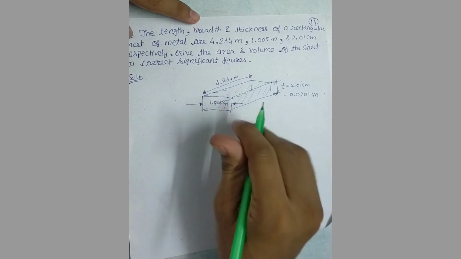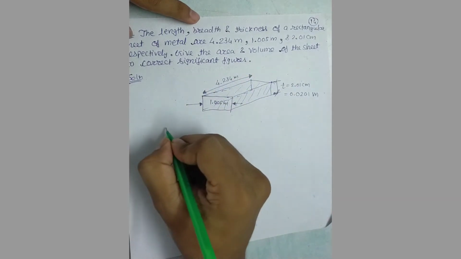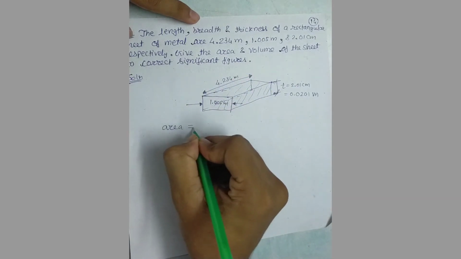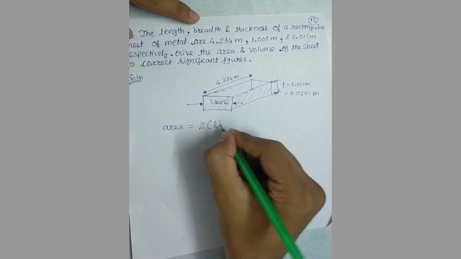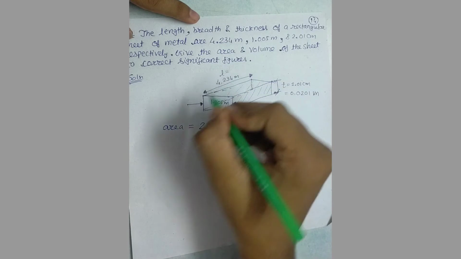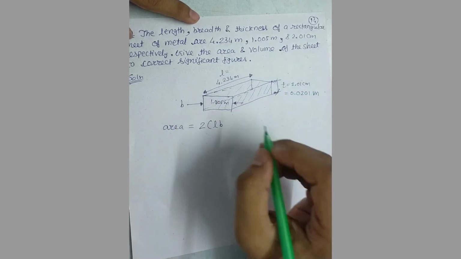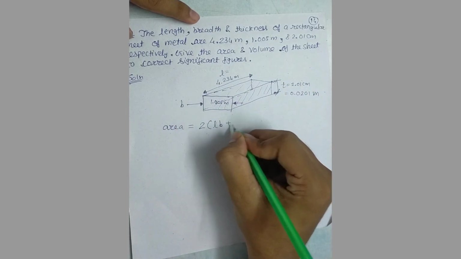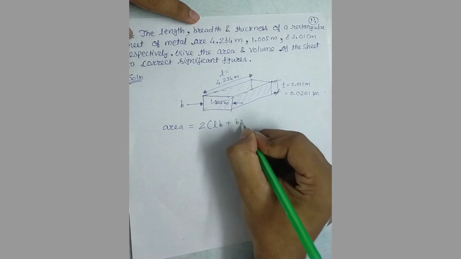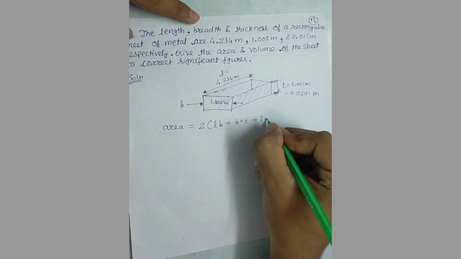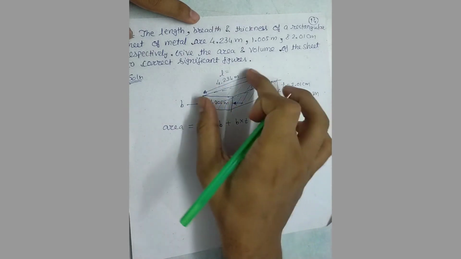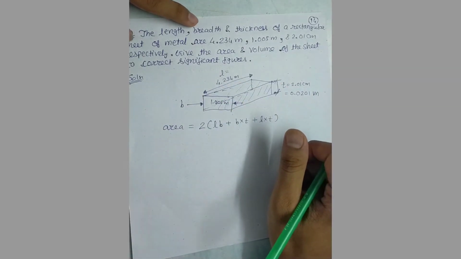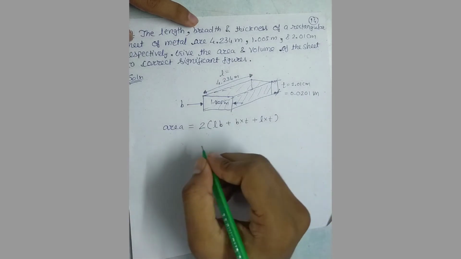Similarly, we have 6 surfaces, and the area of a cuboid can be written as 2 times length into breadth plus breadth into thickness plus length into thickness. Suppose this is length, this is breadth and this is thickness. All the areas are doubled because there are 2 surfaces with the same dimensions.